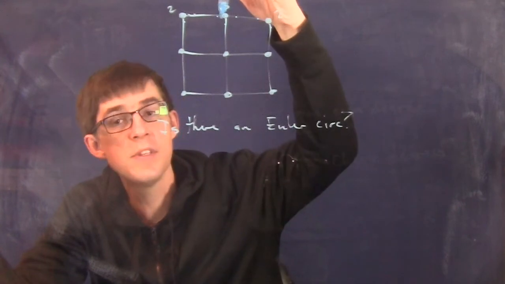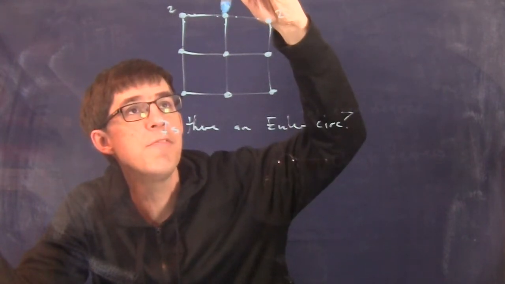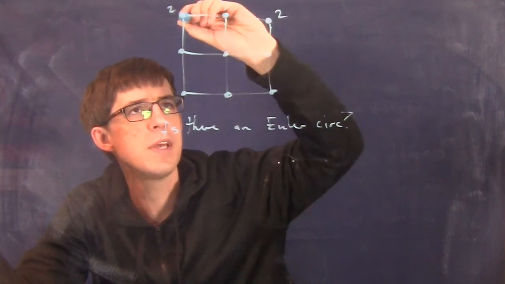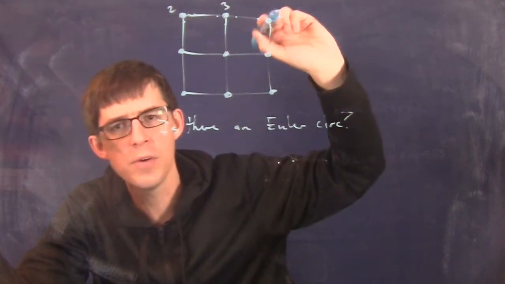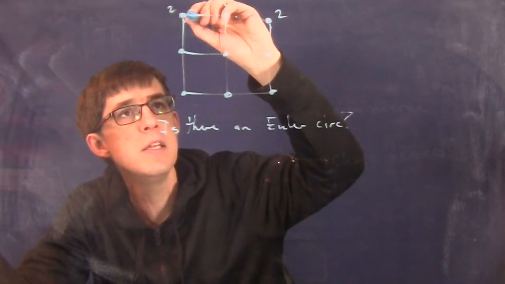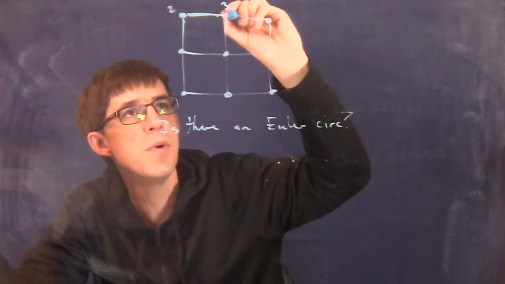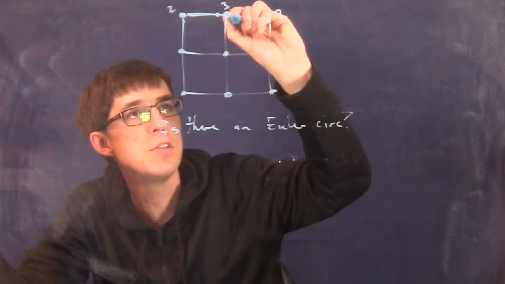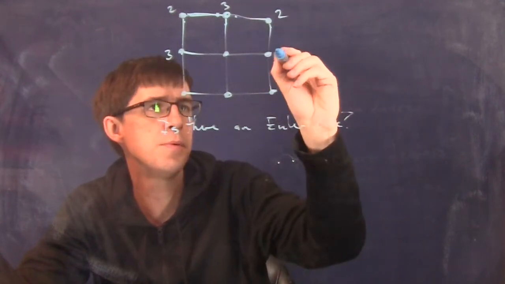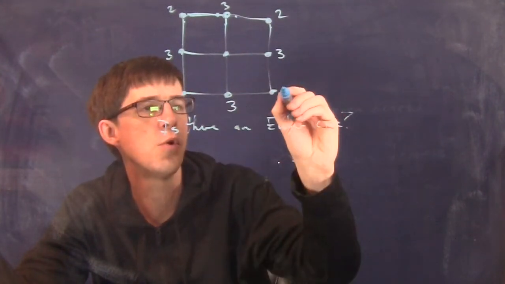By the way, when you're counting the degree here, make sure you count every edge. You might feel like this is a straight line going through this vertex, so it only counts as once because there's only one line going through. No. You count how many individual edges are going into this vertex, and there are 3. 1, 2, 3. All right. How about here? Also 3. Actually, these points in the middle, they're all 3, and these points on the corners, they're all 2.